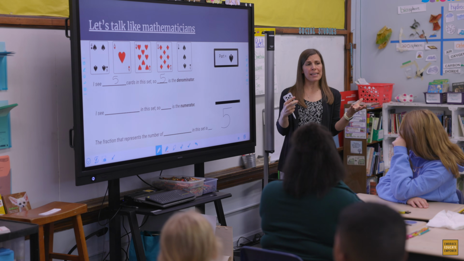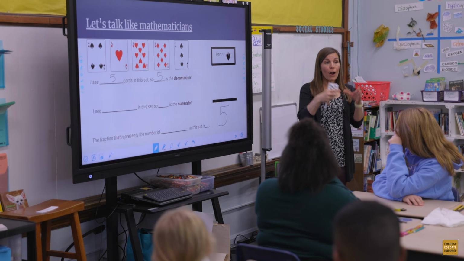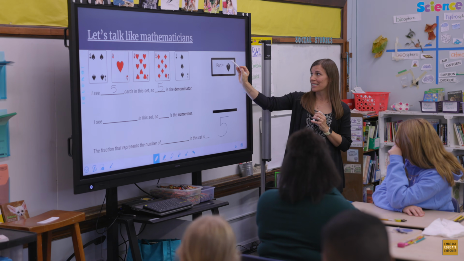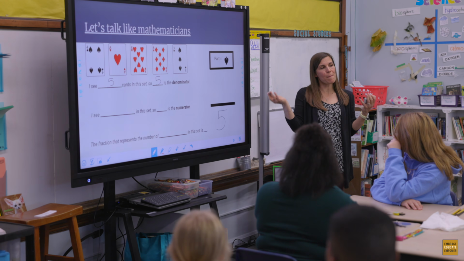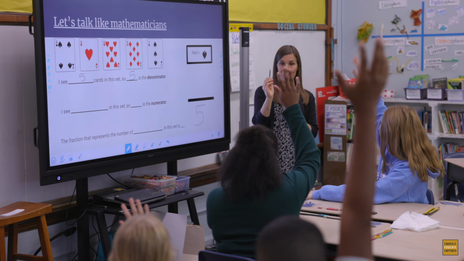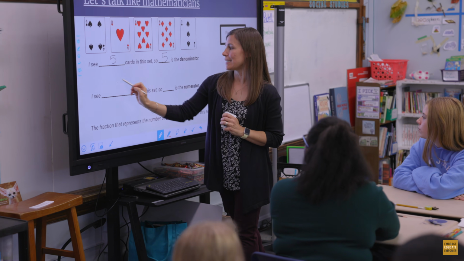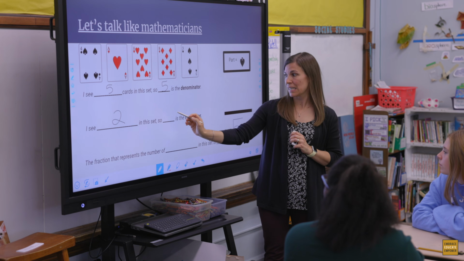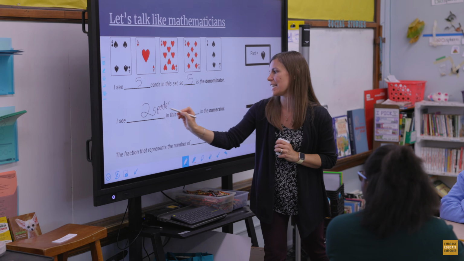Okay, but when we're thinking about fractions, we're thinking about parts of the set. The part of the set that we're going to look at is spades. Which cards are spades? How many cards do we see that are this part of it. Right, Matt? Two. There's 1, 2. I see 2 in this set. 2 spades. We can even say I see 2 spades in this set.